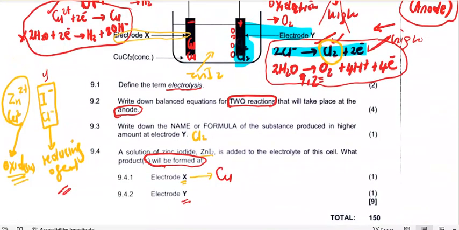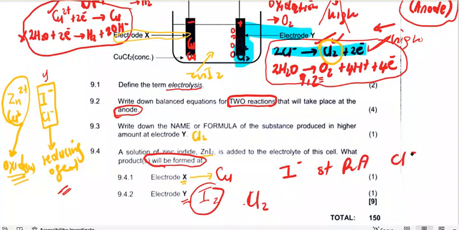So the answer here is I2. I2 will be formed instead of Cl2, because iodide ion is a stronger reducing agent than Cl minus.